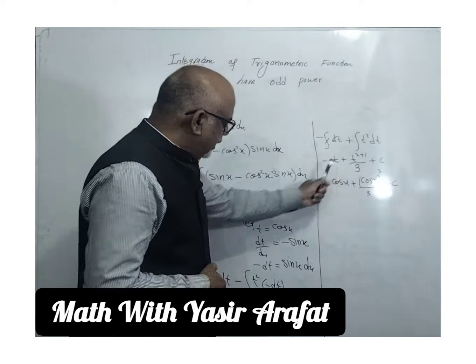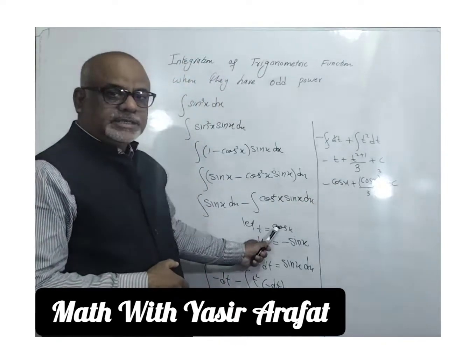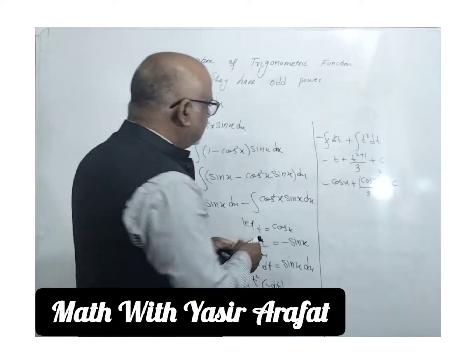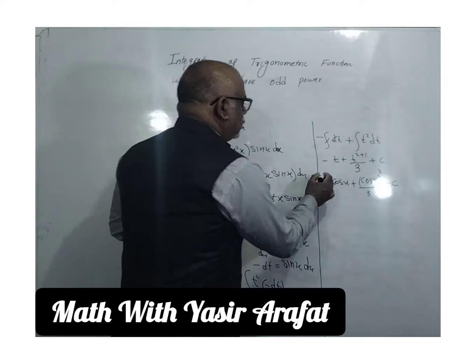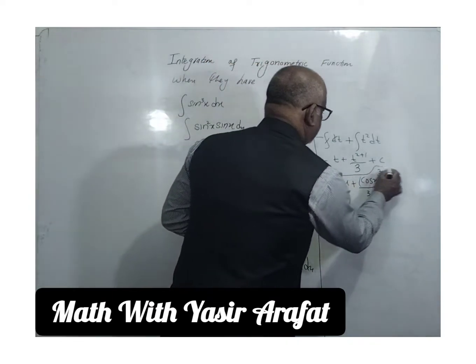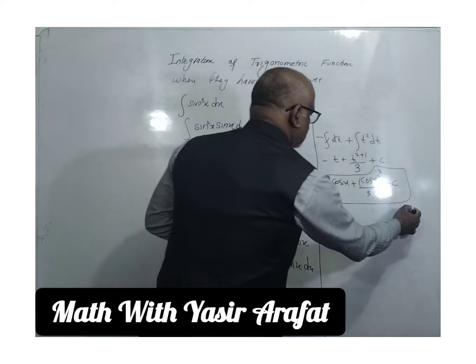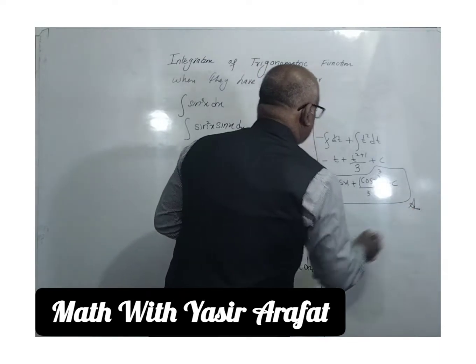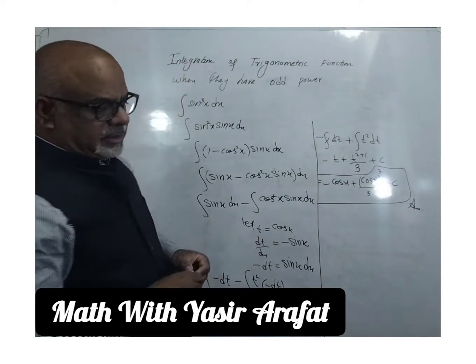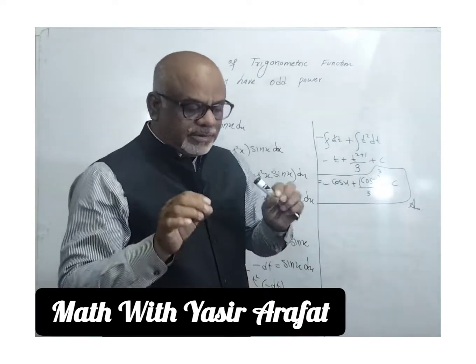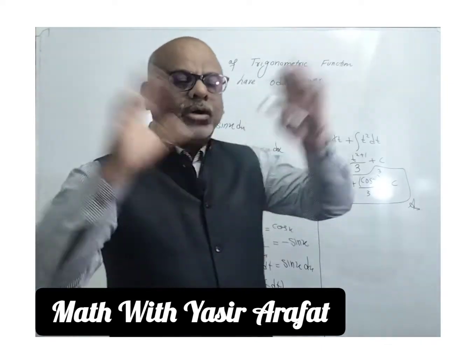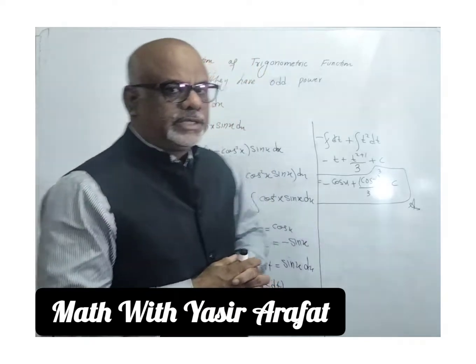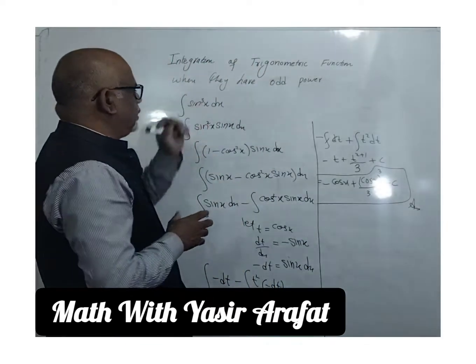Then we put the value of t, which was cos x. So we restore this in the form of f of x. So this is the integration of sine cube x. This strategy we have to apply on all trigonometric functions in which we have an odd power.